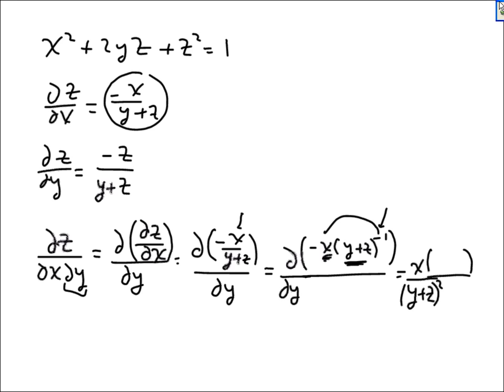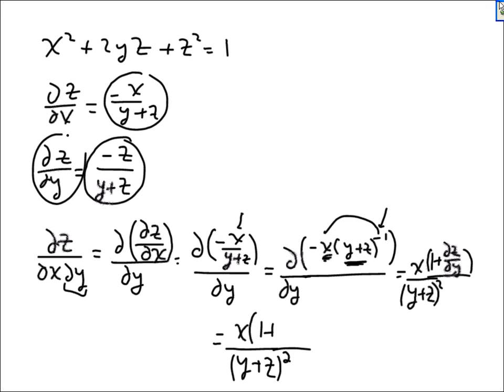The derivative of y is 1, plus the derivative of z is partial z over partial y. But we have that answer. It's 1 plus partial z with respect to y. It's this answer, negative z over y plus z.